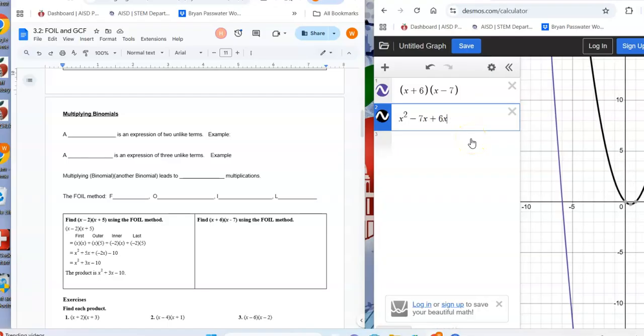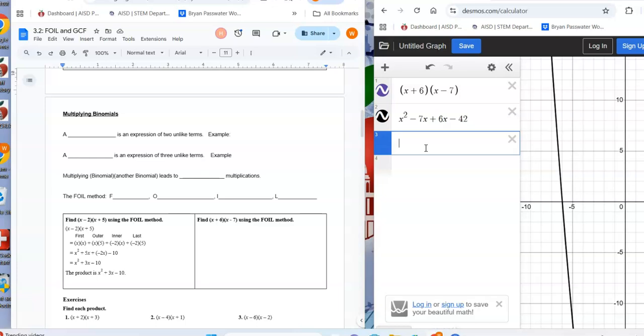And lastly is the two numbers on the far right of both parentheses, so that's positive 6 times negative 7, which is negative 42. Every single time in these questions, the stuff in the middle are like terms. I have to combine negative 7x and 6x. That becomes negative 1x. The simplified answer for that example is x squared minus x minus 42.